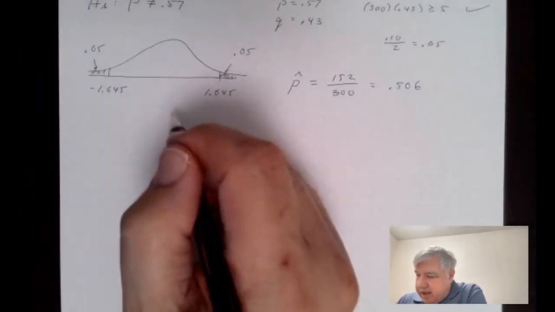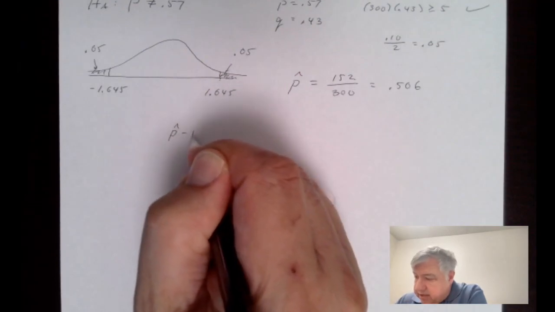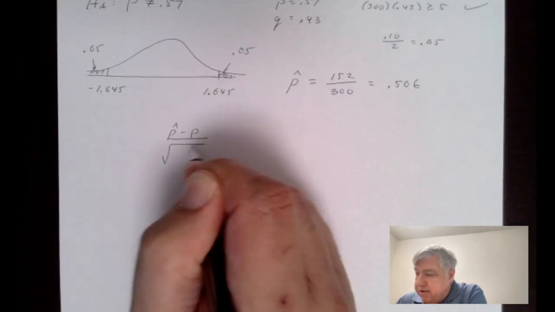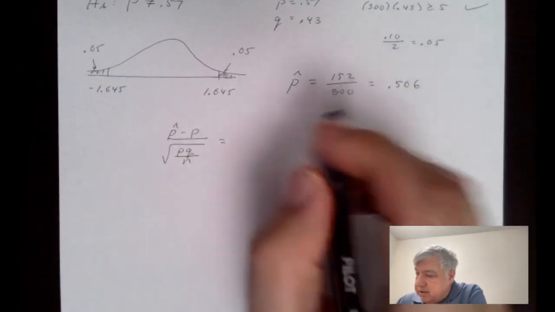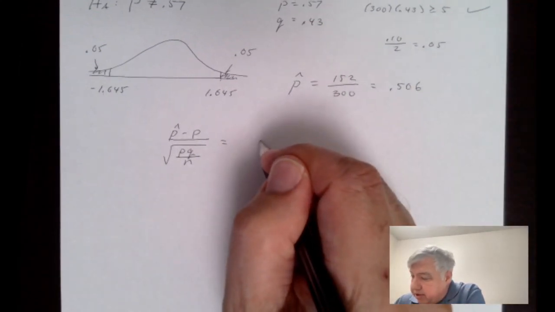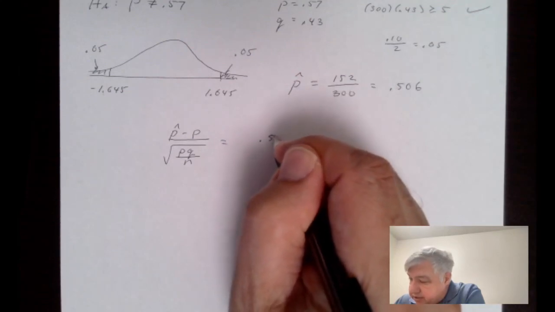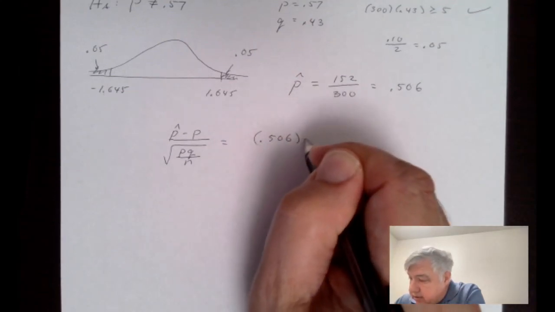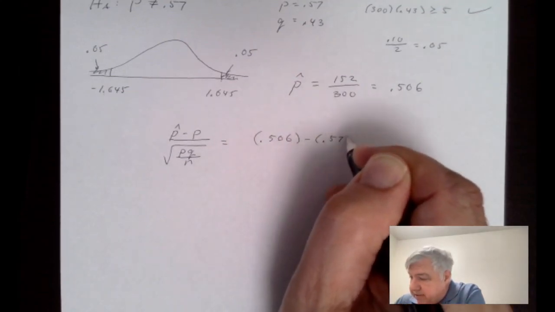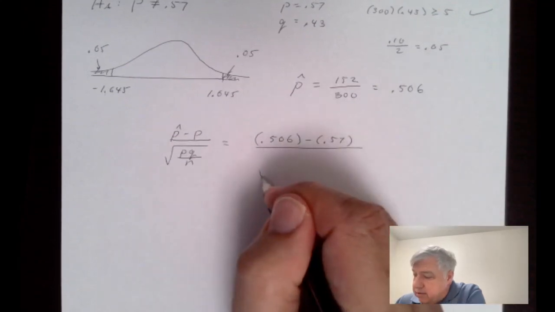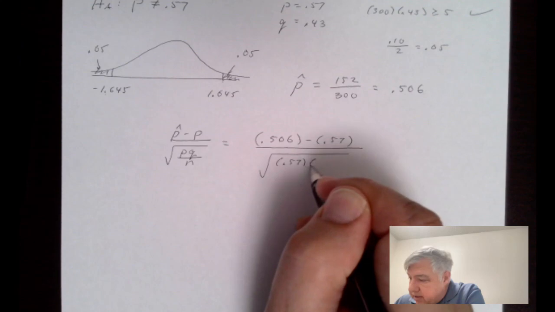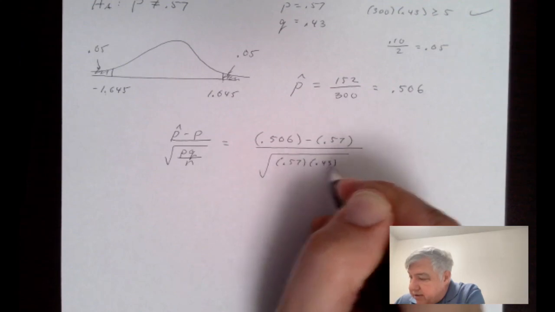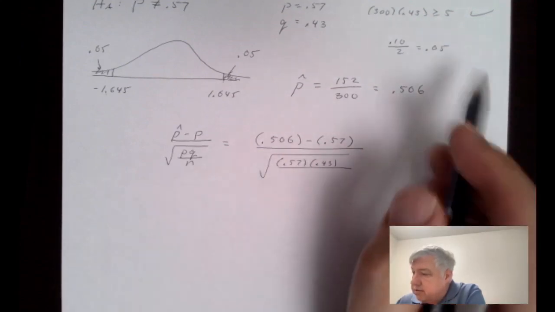And so p hat minus p over the square root of pq over n is 0.506 minus 0.57 over the square root of 0.57 times 0.43 over 300.